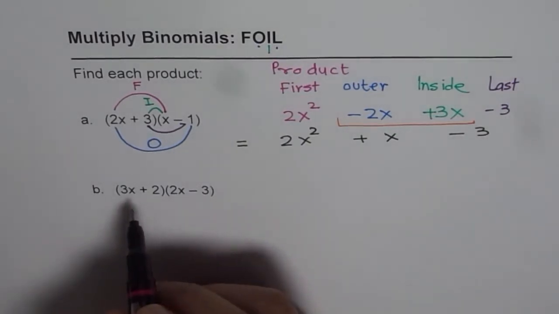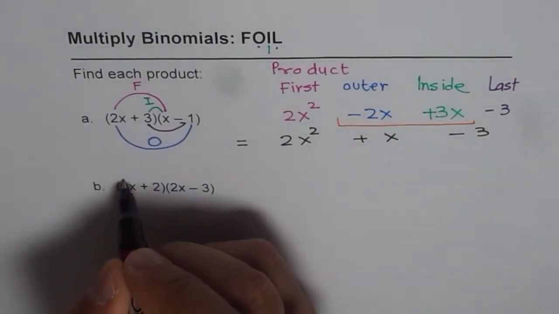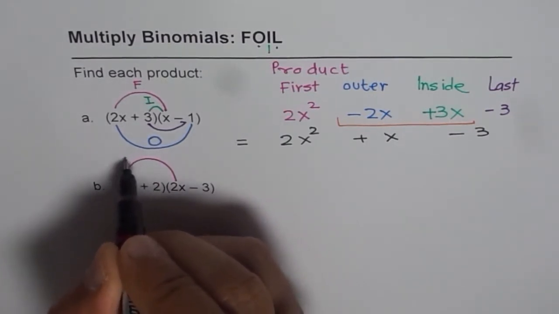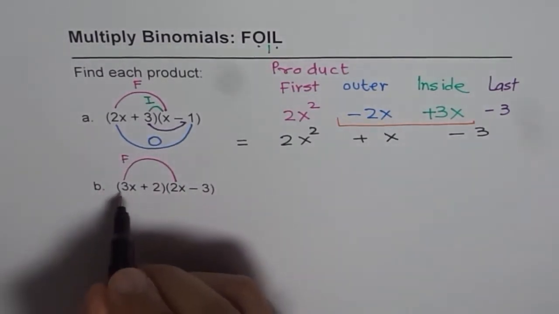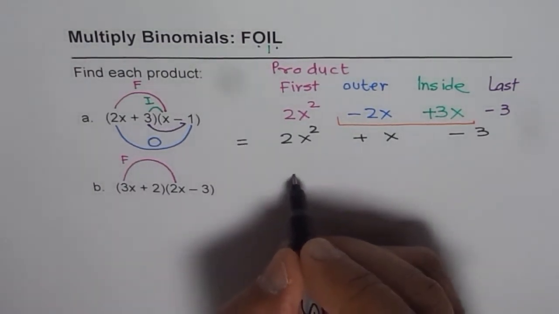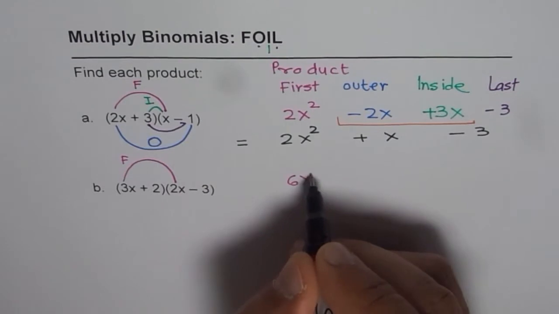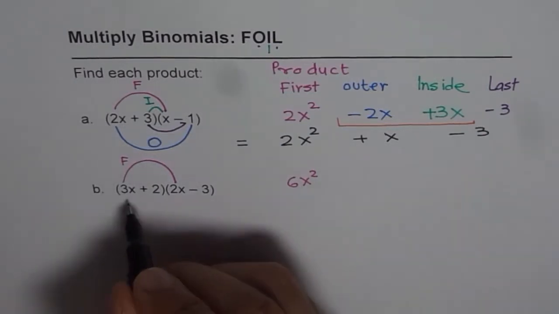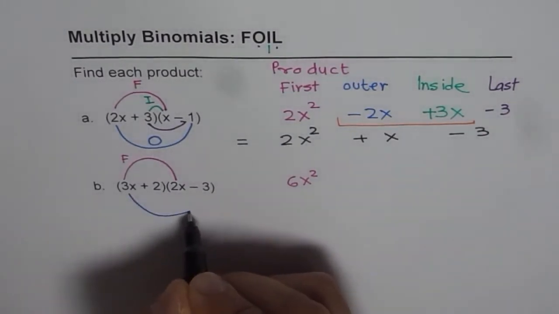So the first step is FOIL. First terms, that is the first step, right? 3x times 2x, 3 times 2 is 6, and x times x is x squared. So that is the first term, right? O means outside terms. The outside terms are 3x and 3.